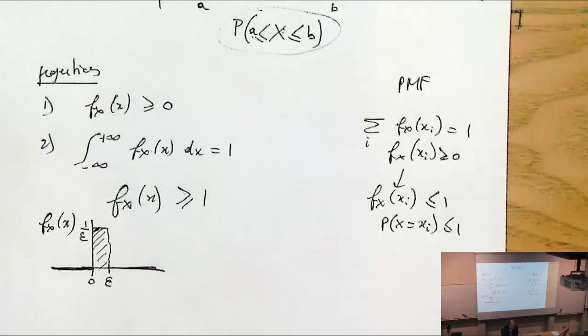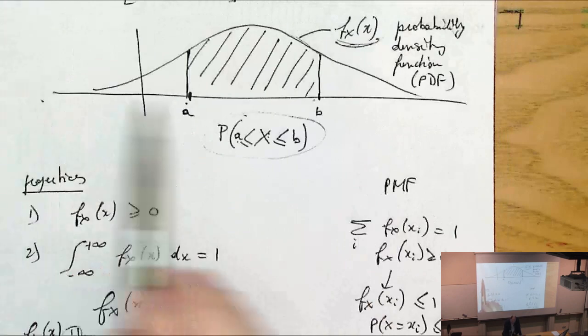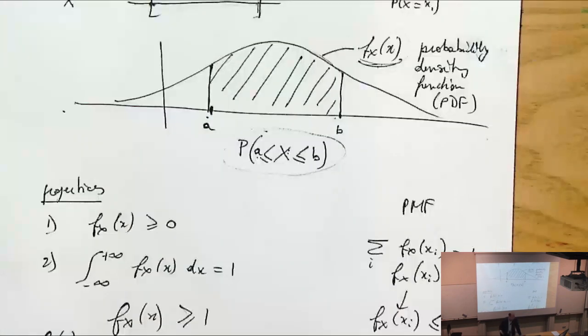But if epsilon is smaller than 1, this probability density function will be larger than 1. So it's a density. It's only once you integrate over an interval that you get a probability, and that probability still has to be smaller or equal to 1. If you integrate over the entire range of that random variable, from minus infinity to plus infinity, you should get that the probability is equal to 1.